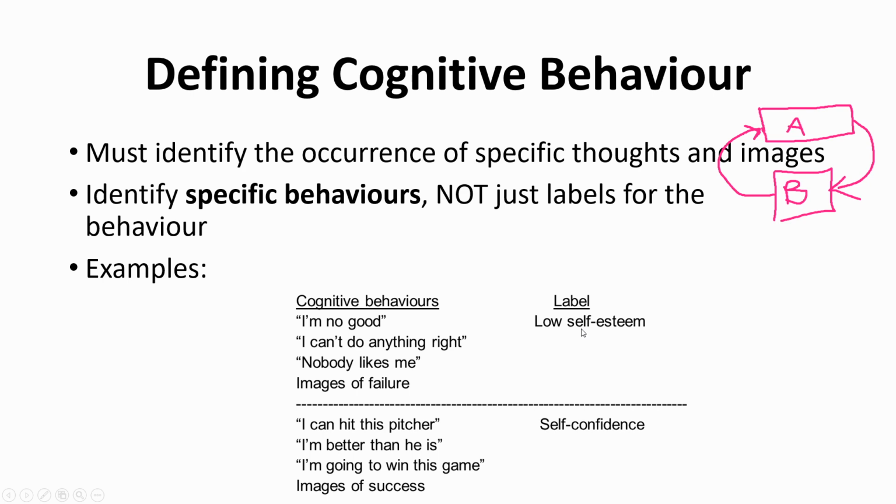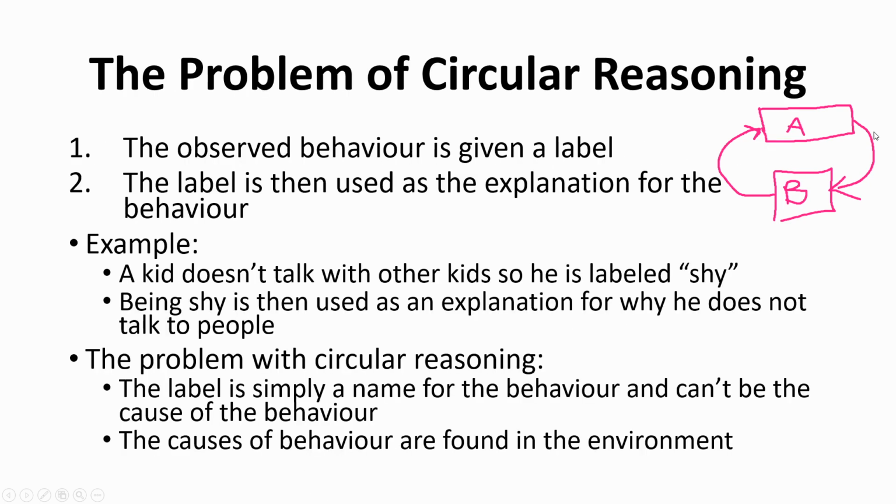So if we call that low self-esteem, we can say that that behavior of thinking that nobody likes you is because of low self-esteem. Well, this person has low self-esteem. Then we can use the label as the explanation for that behavior. Well, they think that nobody likes them because they have low self-esteem. And they have low self-esteem because they think that nobody likes them.